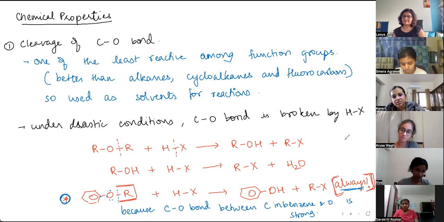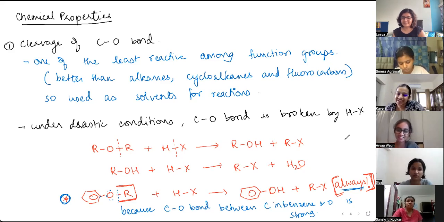When does plus I happen? Alkyl groups. Yeah, but when it is minus R, that time there is plus I, right? And when there is plus R, there is minus I effect. I thought it always went hand in hand. Just in this question, there is chlorobenzene, so we are saying that there is minus I effect because chlorine is more electronegative, so it has a tendency to pull electrons towards itself.